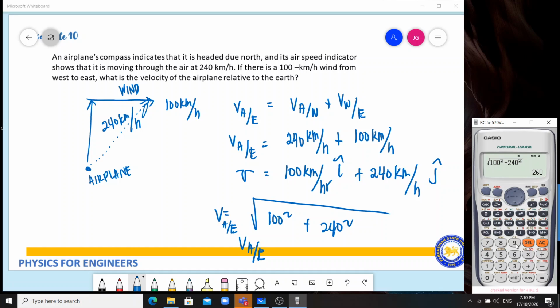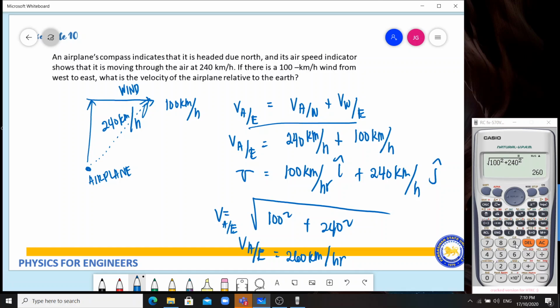Yan. So, ang velocity pala ni airplane is 260 kilometer per hour.